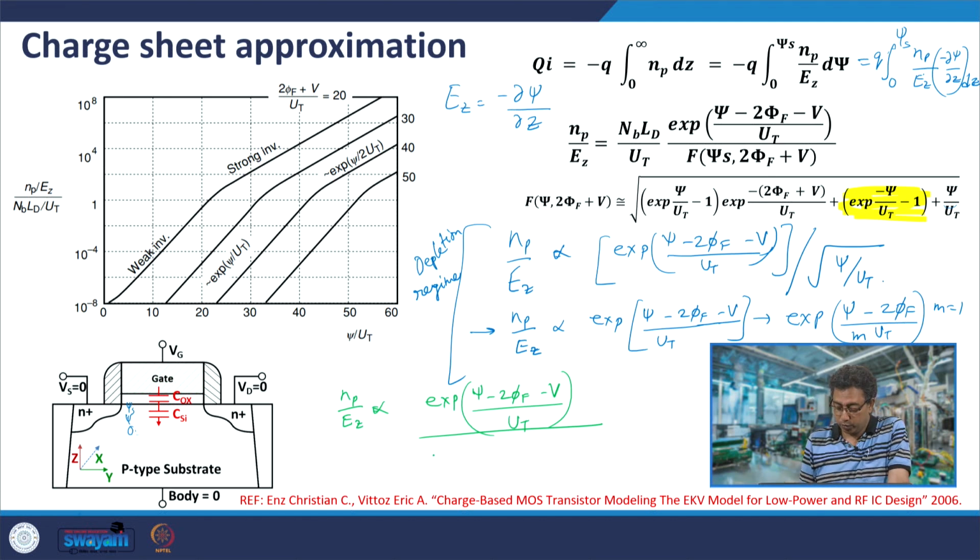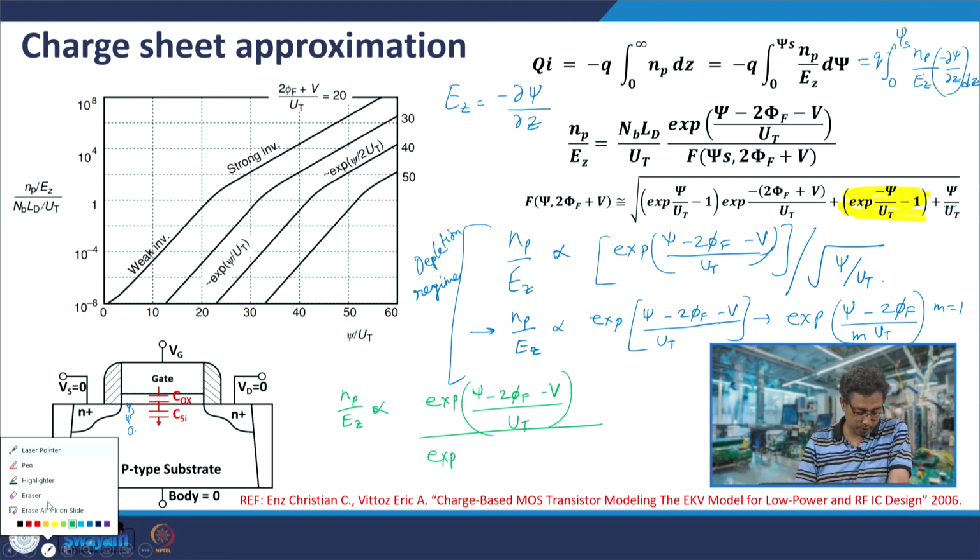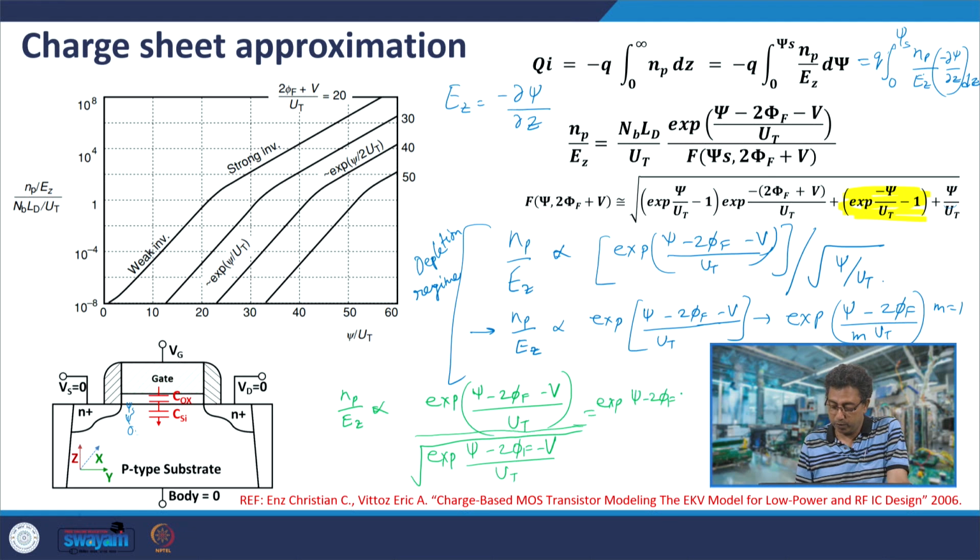So, approximately, you neglect the term 1 here. What is this equal to? Minus V divided by 2 ut. So, here you have m equal to 2.